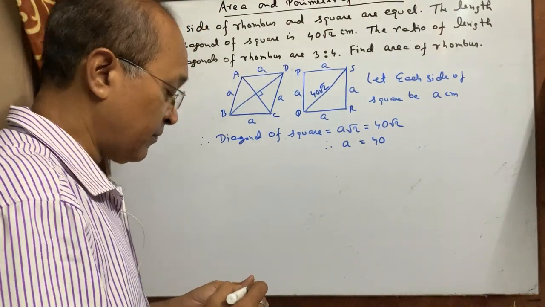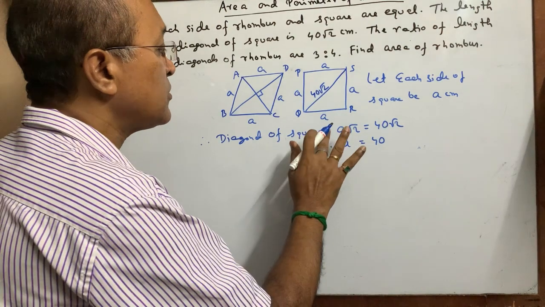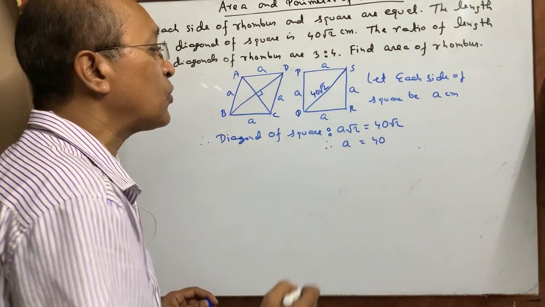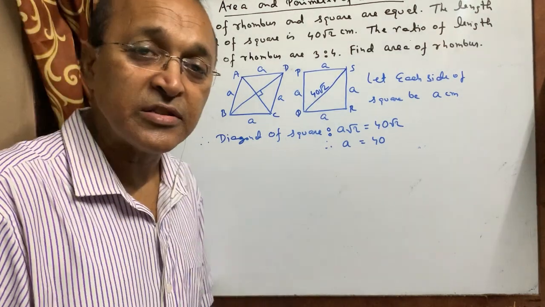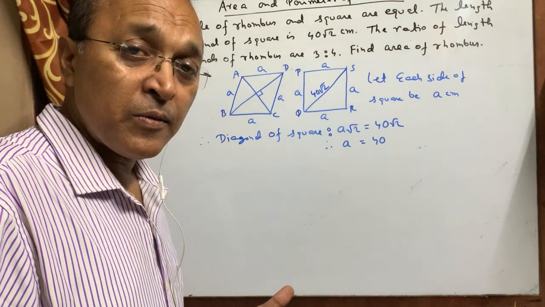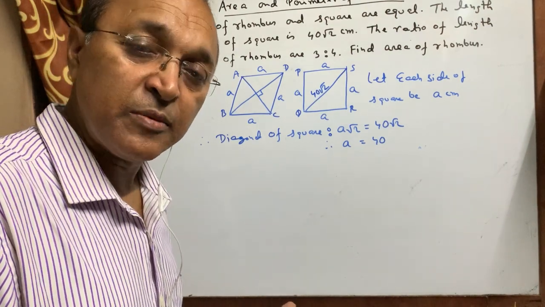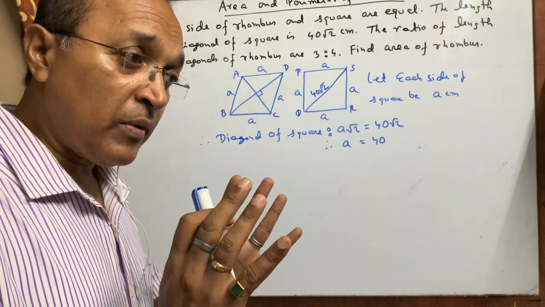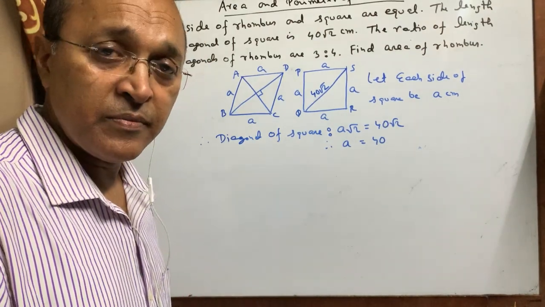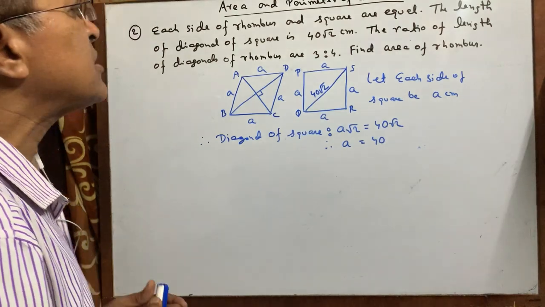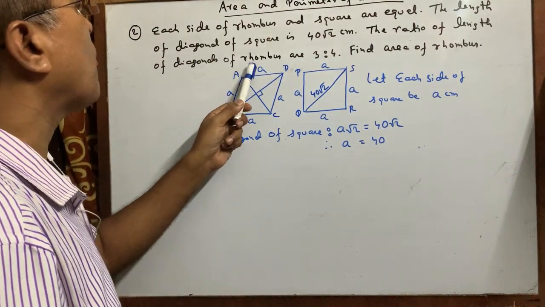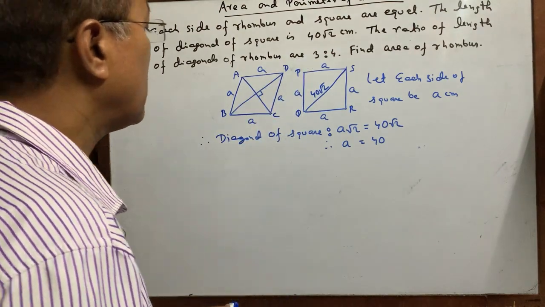So each side has been found as 40 centimeter for square and for rhombus. Now what is given? The ratio of length of diagonals of rhombus is 3:4.